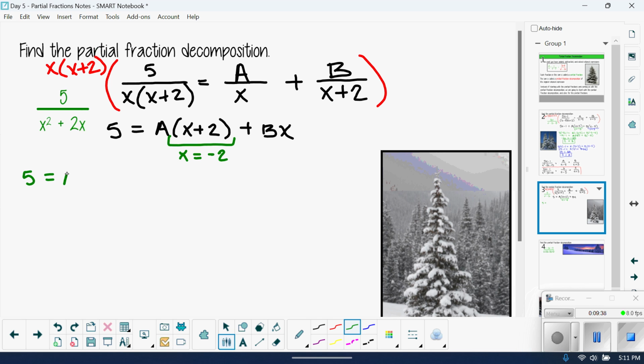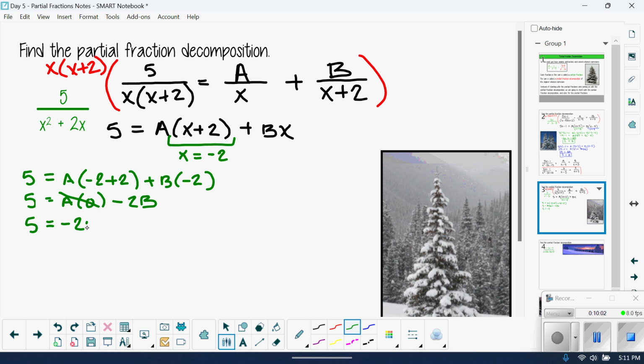So we have 5 times a times the quantity -2 plus 2 plus b times a -2. So I'm just replacing all of the x's with -2. And of course, -2 plus 2 is 0. And just continue to clean that up. a times 0 is just 0. And when we solve for b, we get negative 5/2.